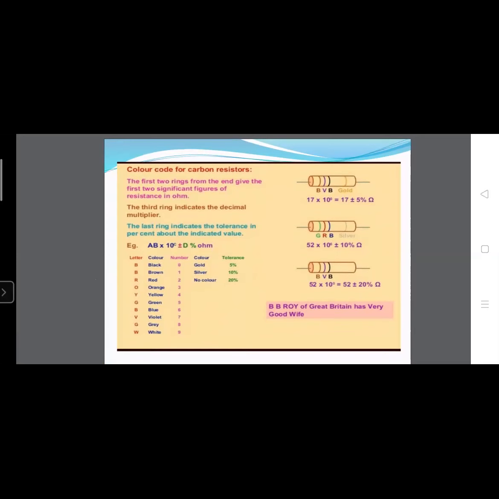Okay. The color code for carbon resistance is given in the following table. Commercially produced resistors used in electrical and electronic circuits are of two types. One is the wire bound resistor and the other is the carbon resistor.